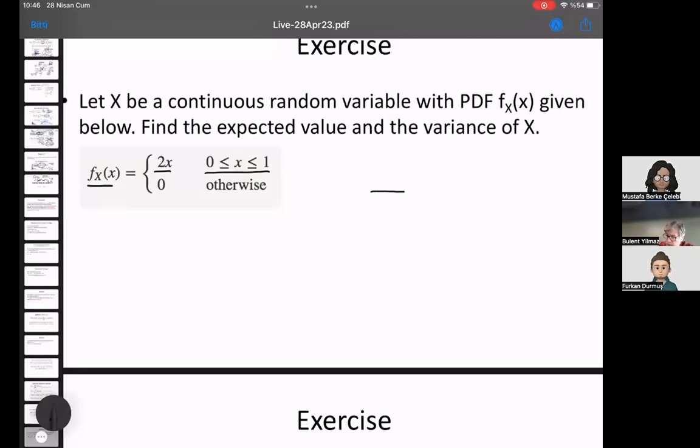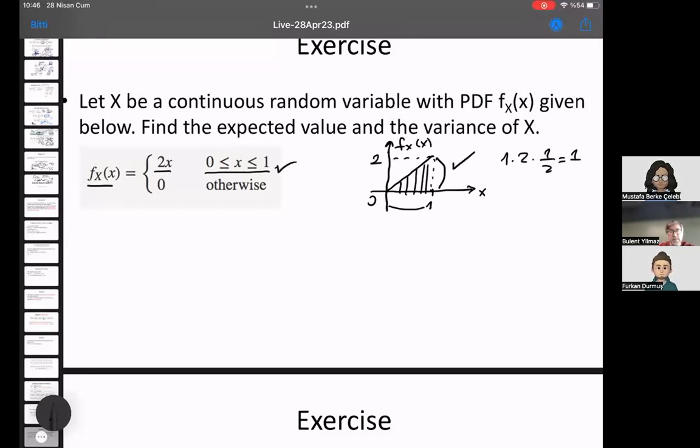Let me draw this. Between 0 and 1, it should be 2x. What is the area under this curve? 1 times 2 divided by 2, which is 1. So, correct. This is a valid PDF.